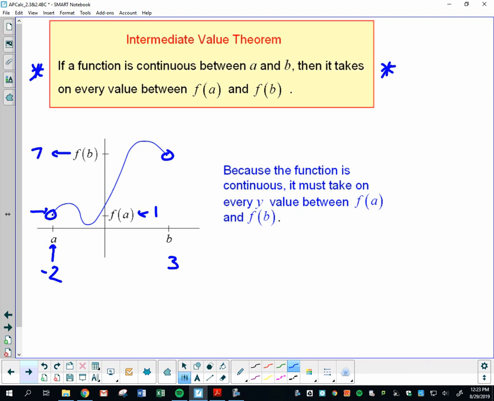Then I know it must take on every value between 1 and 7. Does that mean it could go to -half? It can, but it doesn't have to. What it has to do is take on the beginning value of 1 and the ending value of 7 and all of the values in between. That is IVT.